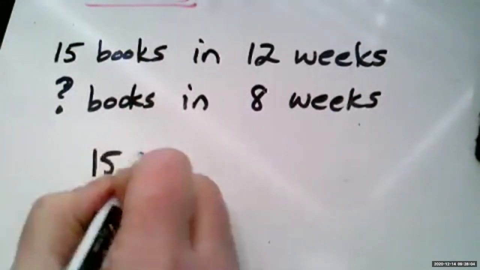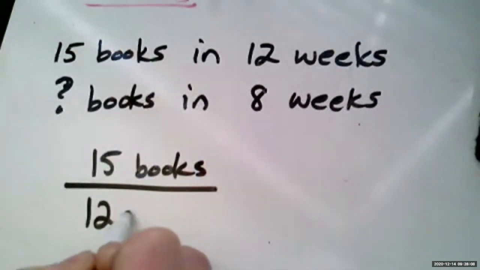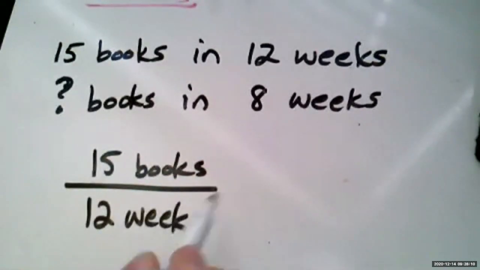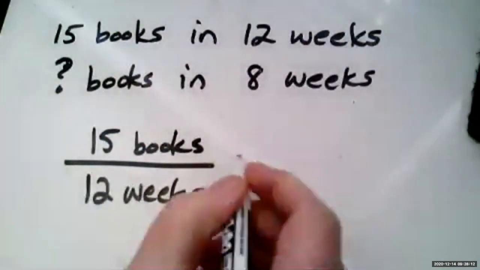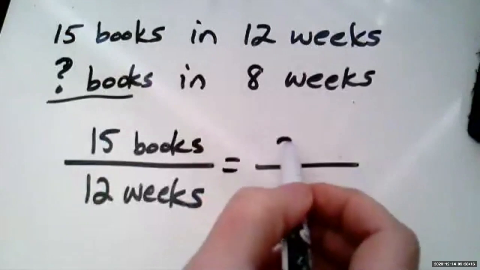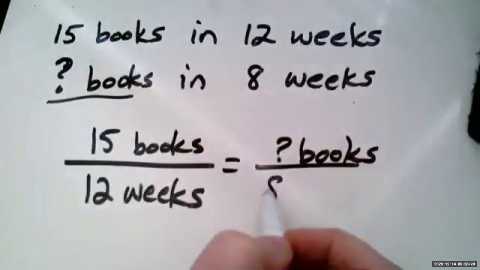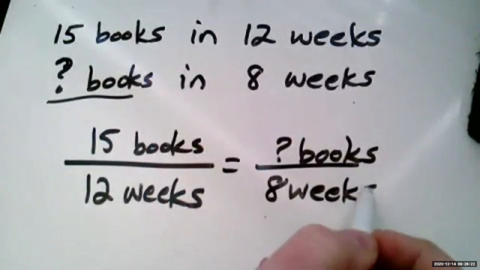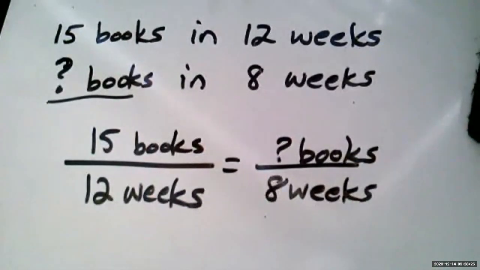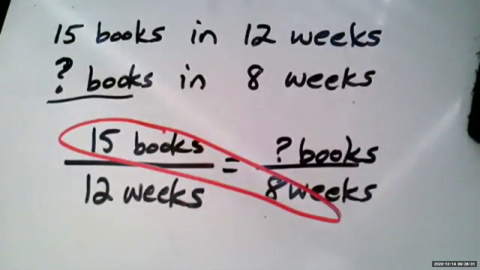Yes, if you have 15 books in 12 weeks, I set up the problem first, making sure that I have books together and weeks together. So books, I don't know how many books on top here, but I do know how many weeks, 8 weeks. Week stays on bottom here. When you cross multiply, you take 15 times 8 because those are diagonal from each other.